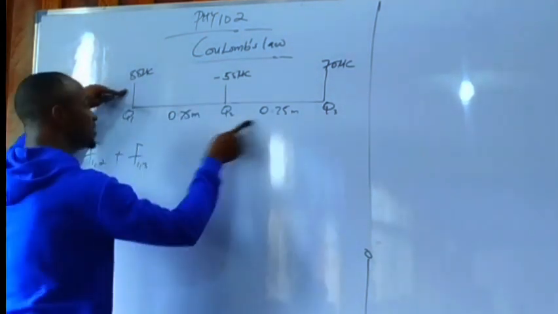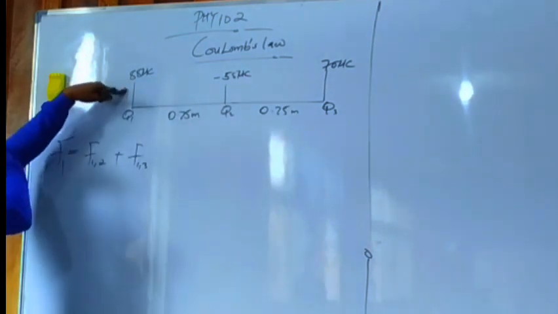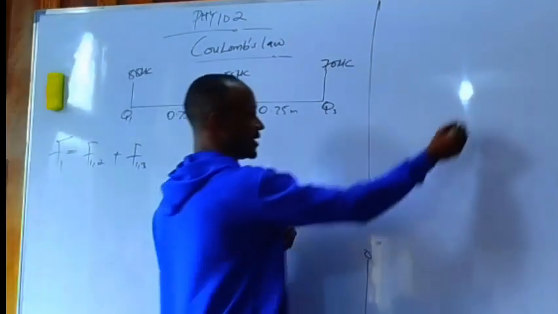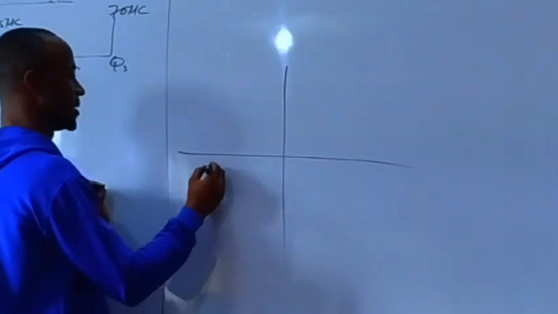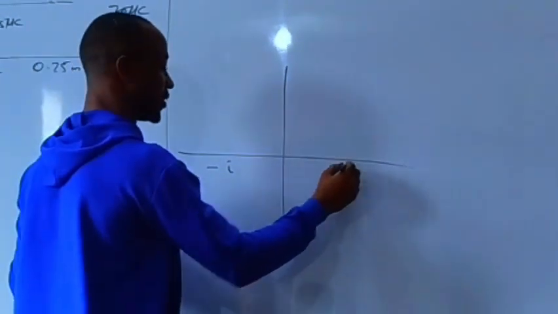That means they are all acting towards negative i, because from the Cartesian diagram, here's minus i, here's plus i.